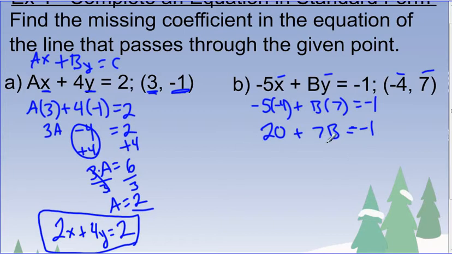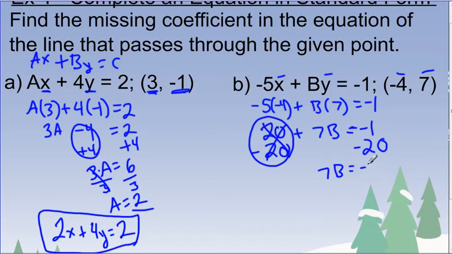So we do not have any parentheses. We do not have like terms to combine. We do not have the same variable on both sides. We do have additions and subtractions. We can get rid of this other term that's being added to 7b. So we subtract 20. Subtract 20. That gives us 7b equals negative 21. Divide by 7 to get rid of the times.